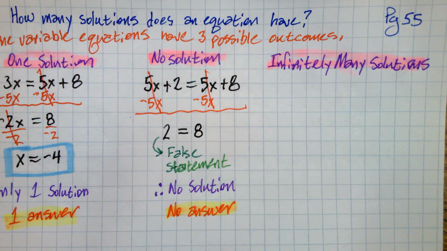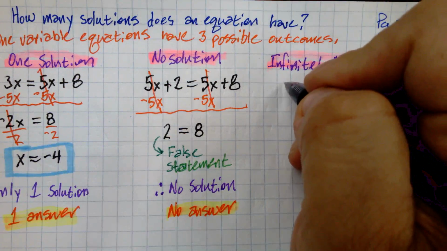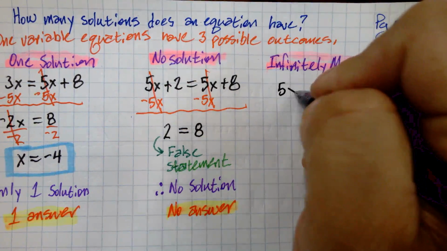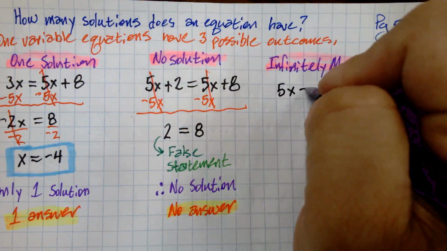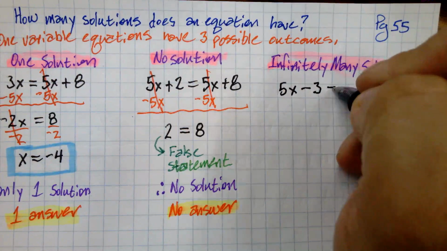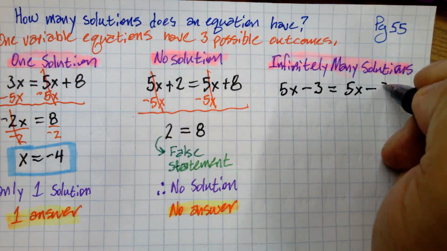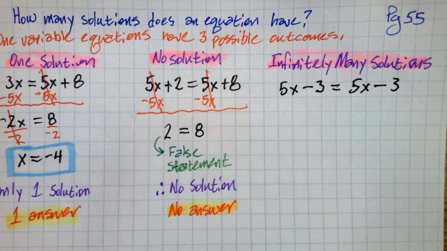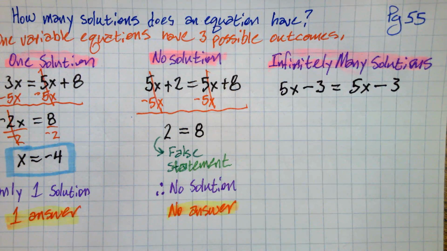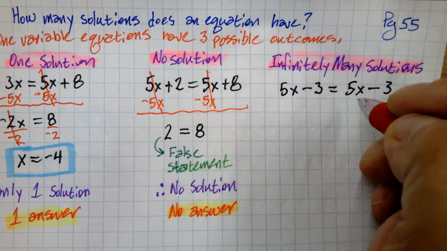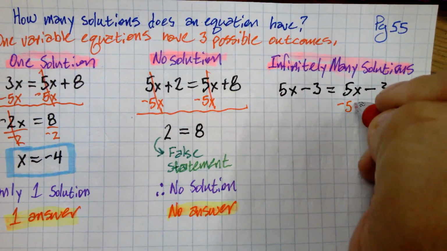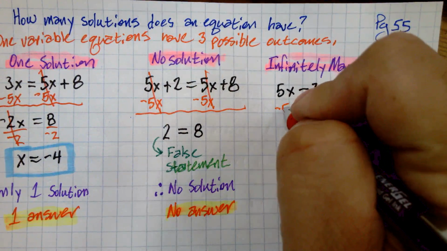But I'm going to spice it up a little bit. 5x minus 3 equals 5x minus 3. They're identical, aren't they? And if we do what Jasmine suggested previously, get rid of the 5x, it's going to be negative 3 equals negative 3.